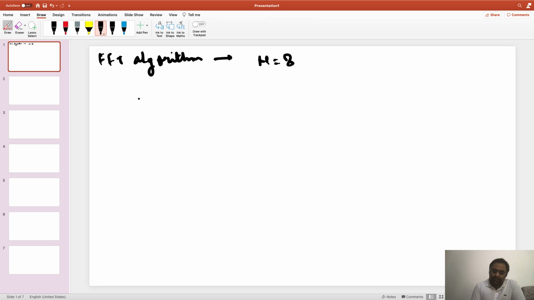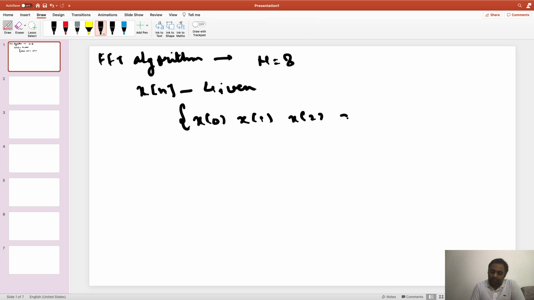What I mean by that is that x[n] is given to me in the form of a sequence with sample points x0 to x7. So this is given to me.